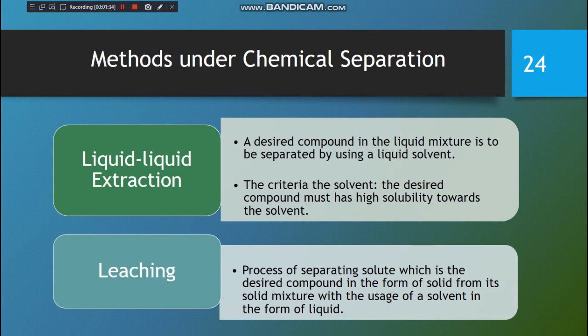So in liquid extraction, the important streams that should exist in the process are the feed stream, the solvent stream, the raffinate stream, as well as the extract stream. So the feed will contact the solvent stream, and the extraction will occur inside the process.